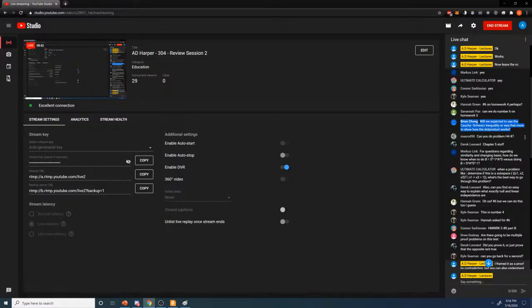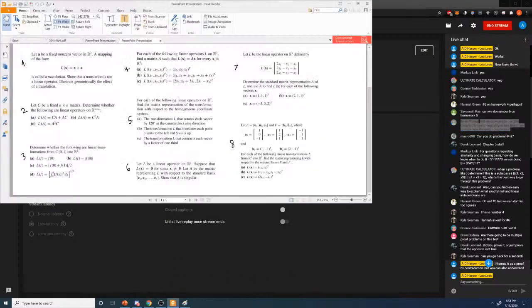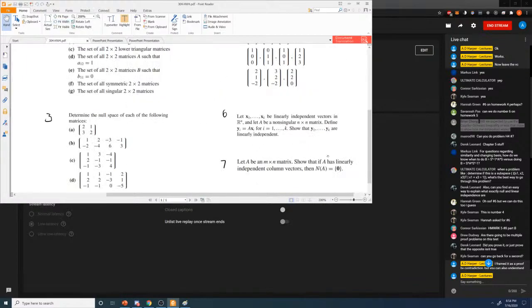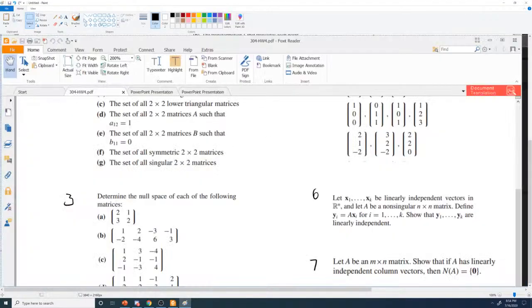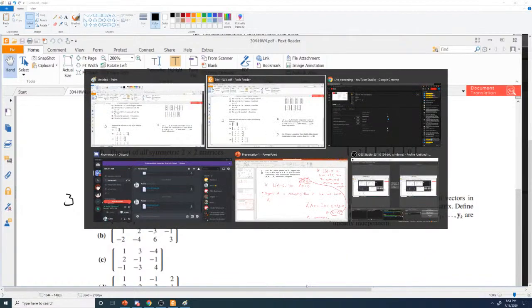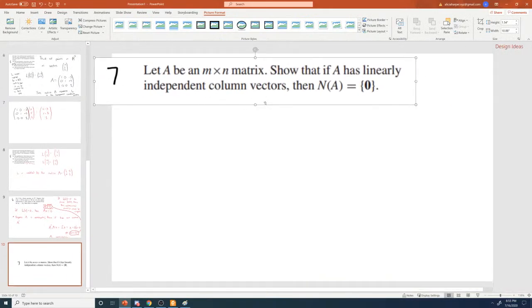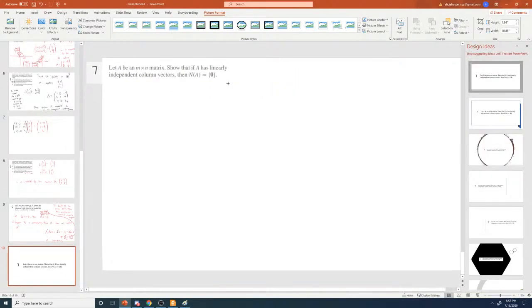Max Rod asks if I can do number 7 on homework 4. So let's go over here. We'll do number 7 on homework 4. This is relatively straightforward.